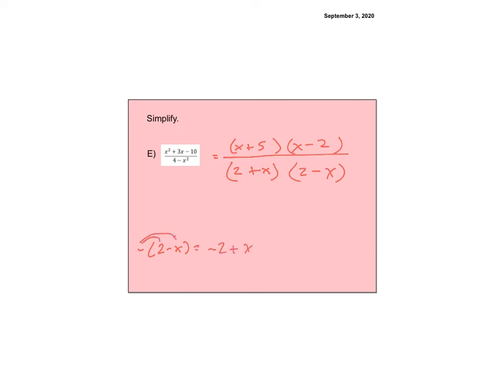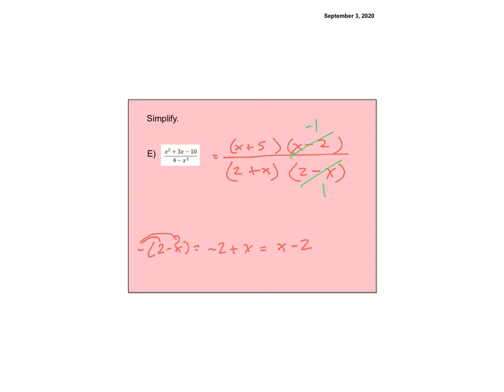So if I took out a negative and rearranged that, it'd be x minus 2. If you take a negative and multiply by 2 minus x, you end up getting x minus 2. Normally our relationship between two of them when we cross out is 1 to 1. These are not going to be 1 to 1. This is negative 1 to 1, or 1 to negative 1, however you want to write that.